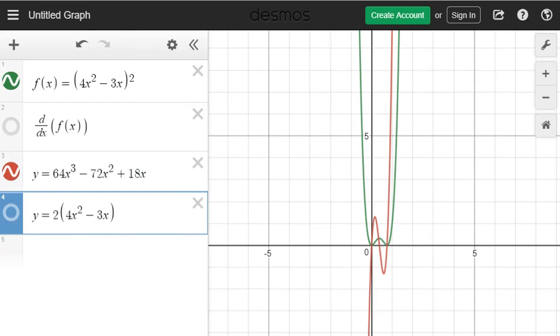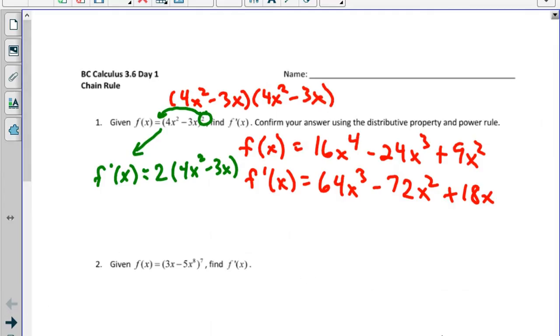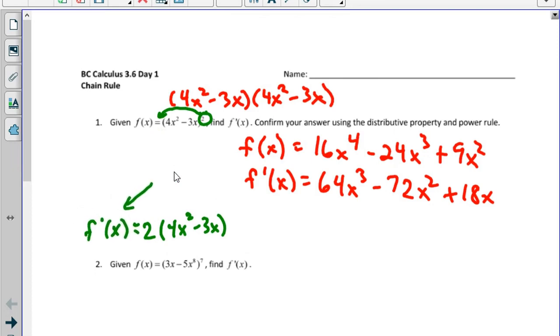And one thing that's missing is, if we take a look at the original function, there's a part in the middle that we haven't even accounted for. So there's this 4x squared minus 3x.